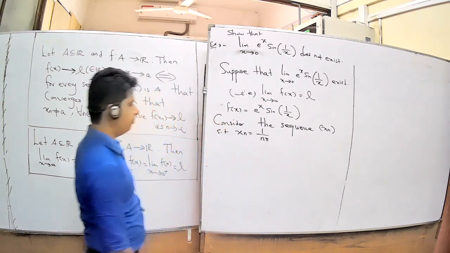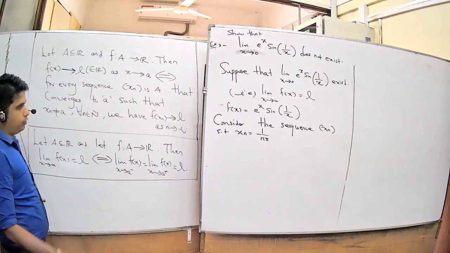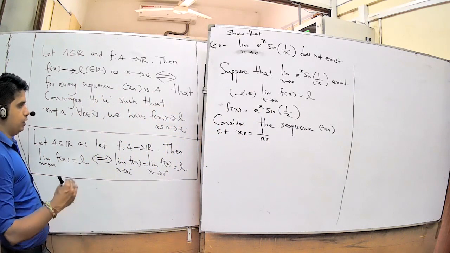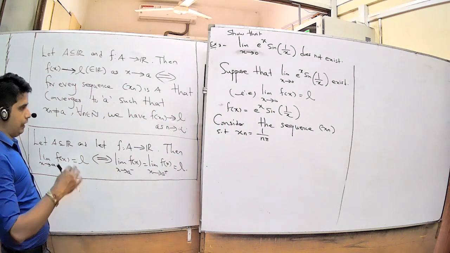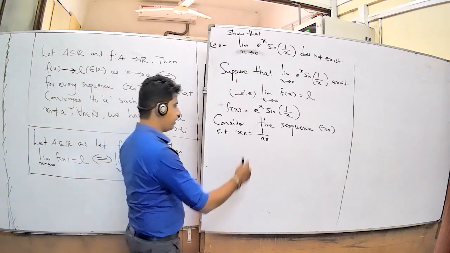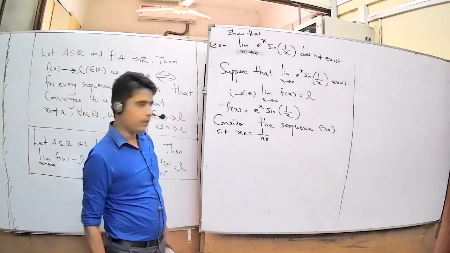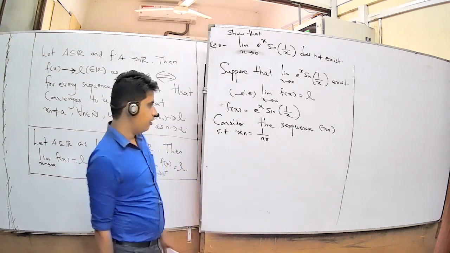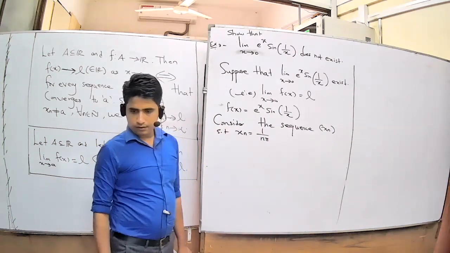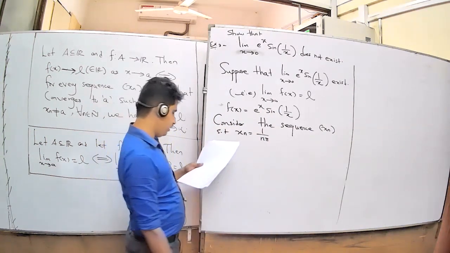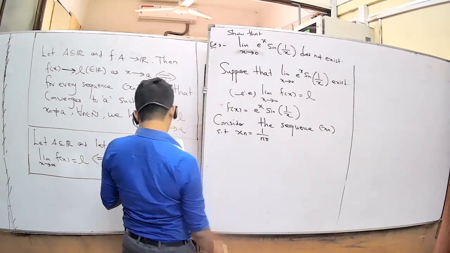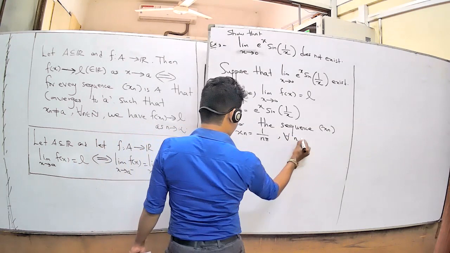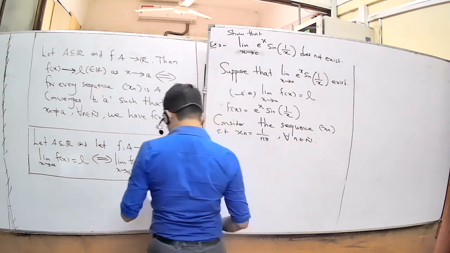In the previous question we used the sequence 2n pi. I already mentioned that we can choose a different sequence for each question; the x_n and y_n are sometimes equal, but in some cases we choose them different. Now we choose x_n equal to 1 over n pi, for all n belonging to natural numbers.